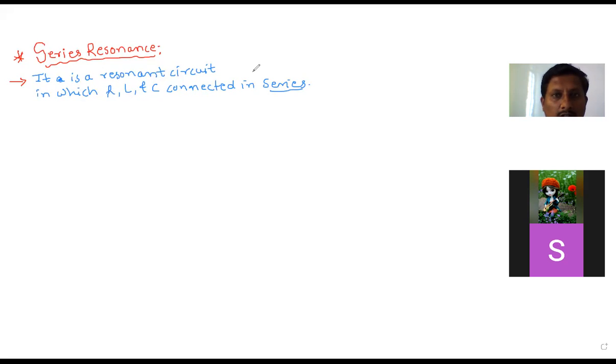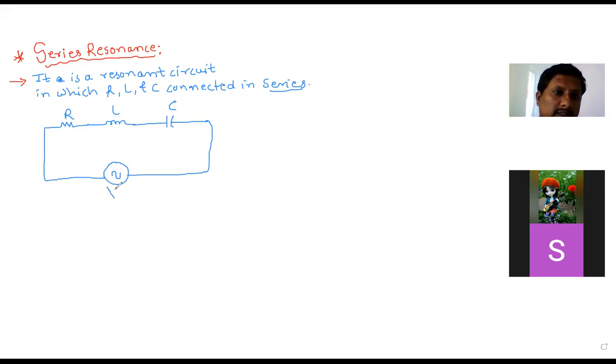So I will draw the diagram now. This is resistor R. This is inductor L. This is the capacitor C. This is an electrolytic capacitor I am going to use. And for that series combination, the AC voltage source is applied.